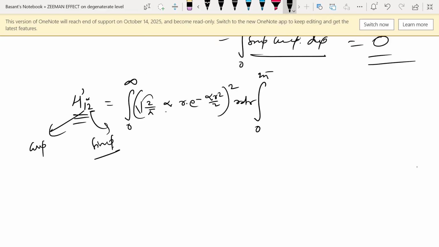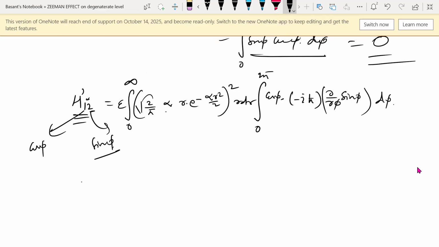So this becomes cos phi into minus i h bar del by del phi of sin phi, d phi, and another term in this perturbation is epsilon. So epsilon is a constant taken here.